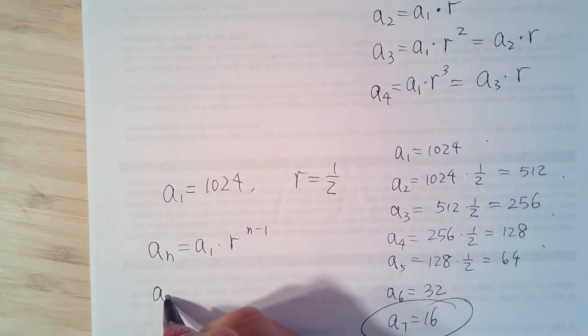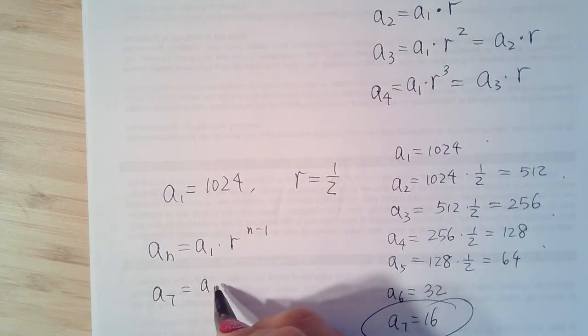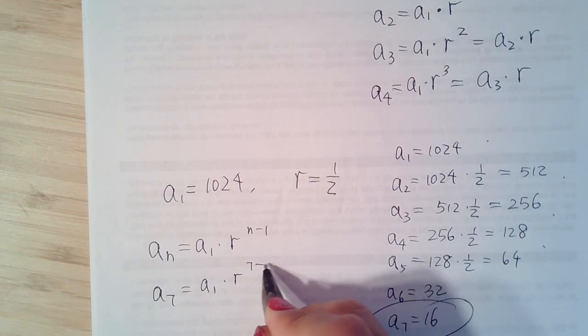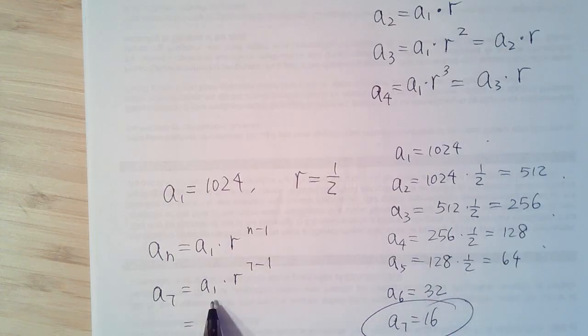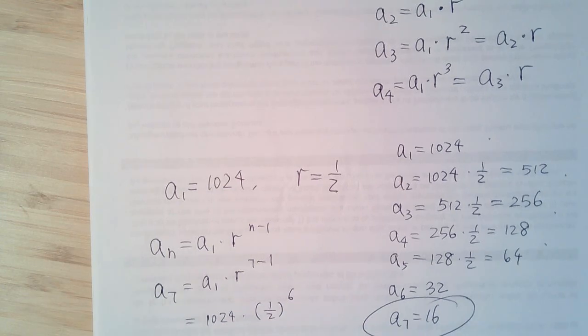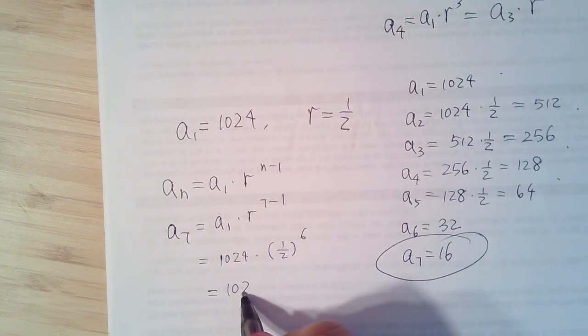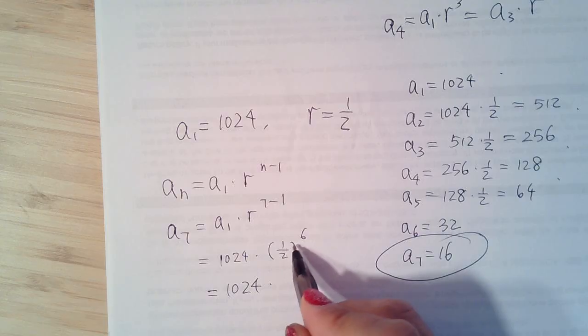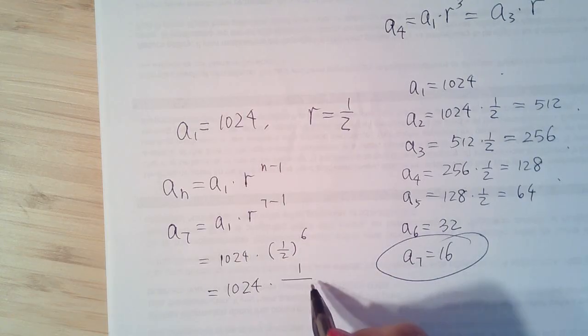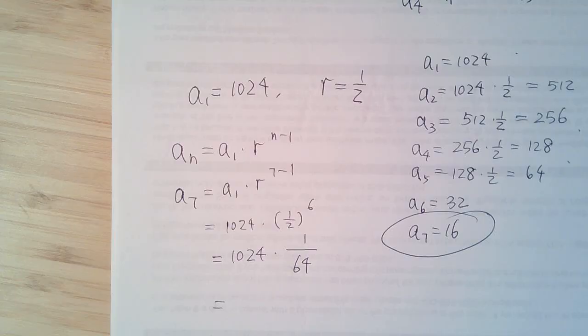So a_7 will be a_1 times r to the power of 7 minus 1. The good thing is we know a_1, which is 1024, and we know r, that is 1/2, to the power of 6. So 1024 times 1 to the 6 is 1, 2 to the 6 is 64. So then the answer is 16.